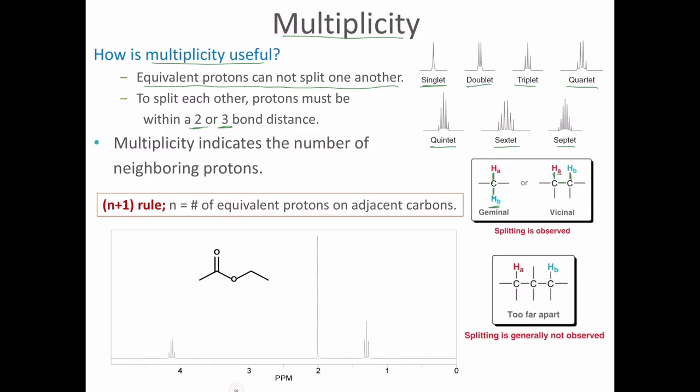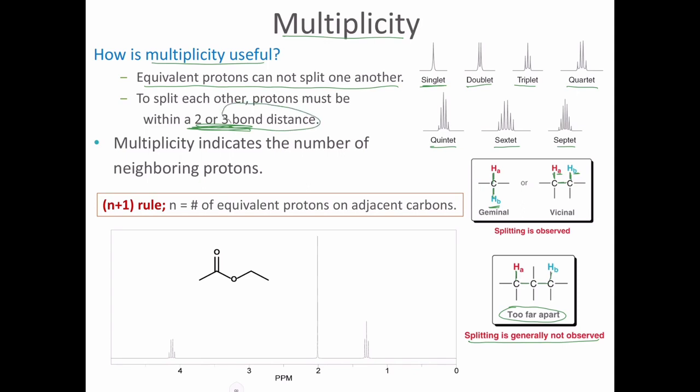So if HA here and HB are in different environments, they are going to split each other. However, if they are too far apart, they cannot split each other. So HA is 1, 2, 3, 4, 5 bonds away. If it is more than 3 bonds away, then they cannot split each other. So no splitting is observed if they are more than 3 bonds away. So keep that in mind.